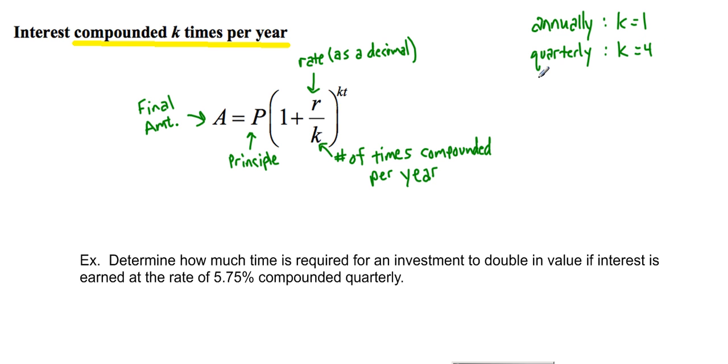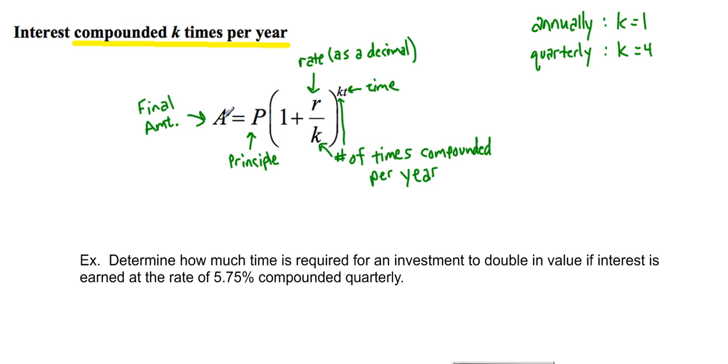It could be monthly, it could be weekly, it could be daily, so your k value depends on the number of times compounded each year. Okay, so that wouldn't change if it was compounded quarterly over 5 years or 10 years or 100 years. That k value would still be 4. Okay, so that time component is our t value. Okay, and then that k is the same as this k.